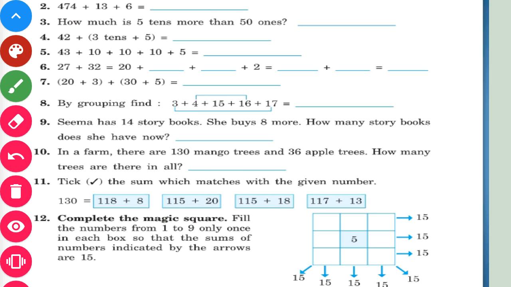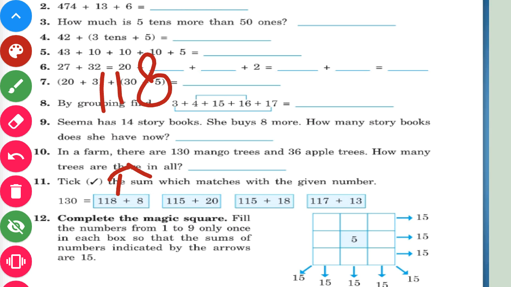Take the sum which matches with the given number. 130 equal to? Okay, let us find out. 130 equals to, is it equal to 118 plus 8? Or is it equal to 115 plus 20? So let us add 118 plus 8.